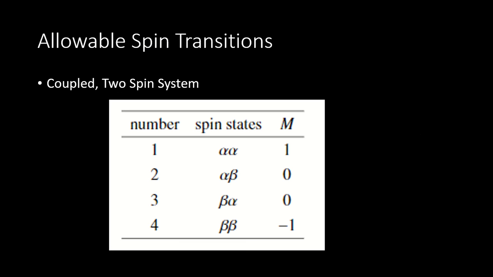So looking at a coupled 2-spin system of 2 nuclei, one way of looking at it is 4 possible states for those coupled nuclei, where they both spin up, both spin down, or opposites. And if we take the total magnetic moment, total magnetic spin, 1/2 plus 1/2 could be a total of 1. If they're different, that would add up to 0.